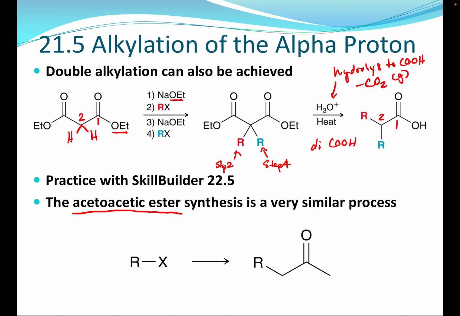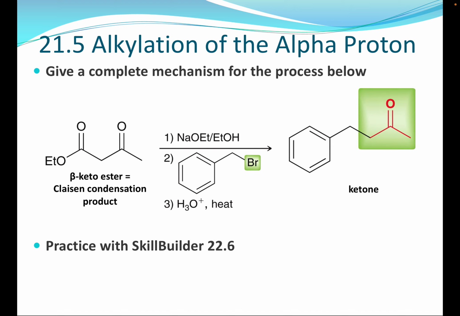Ultimately, the overall result of the reaction is taking an alkyl halide and attaching it onto effectively an acetone group. So here we've got our acetyl group. Here's another alpha position, and the alpha position is going to be where the R group from the alkyl halide attaches.